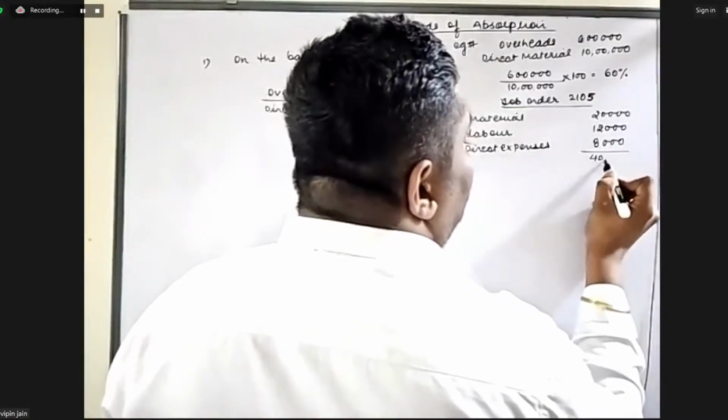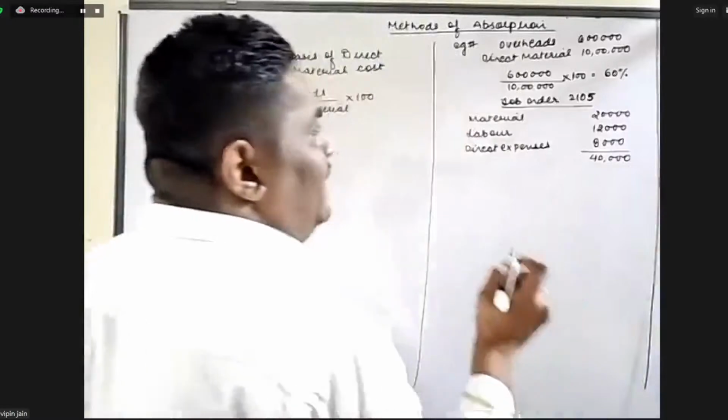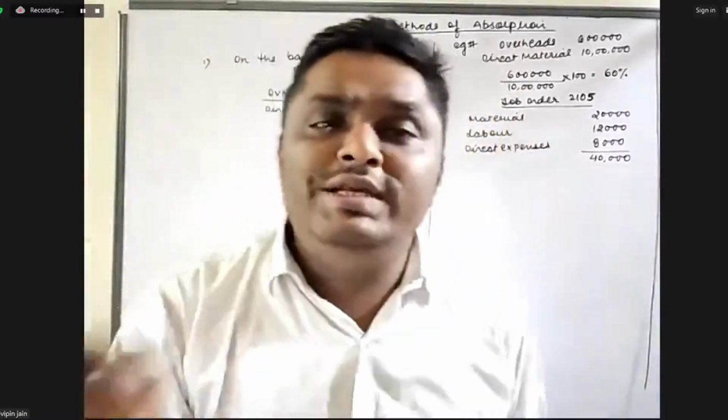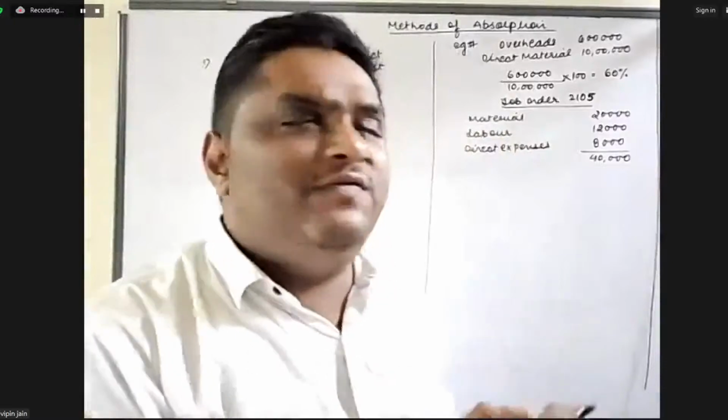So total is 40,000. When talking about overheads, we have to charge the overheads to this job to calculate the total cost of the job.